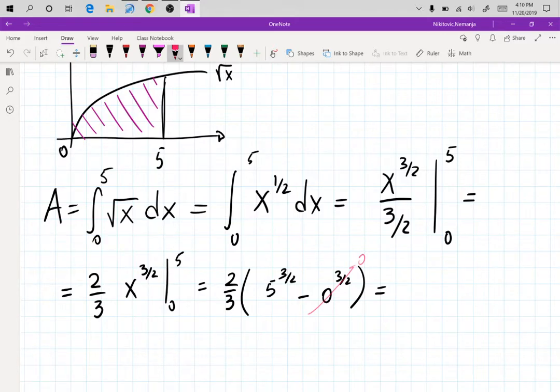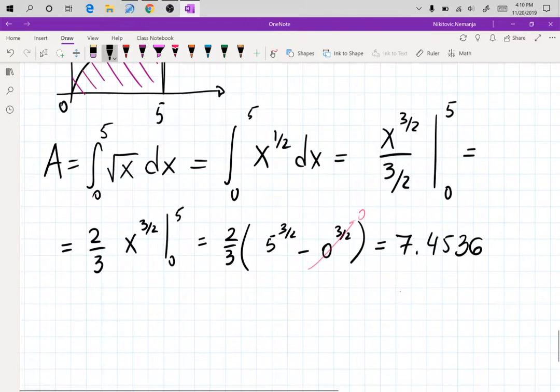We have 5 raised to 1.5, and then times 2 and divide by 3, 7.4536, blah, blah, blah. Okay?